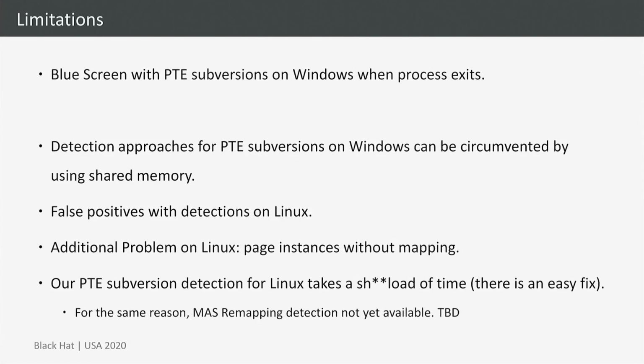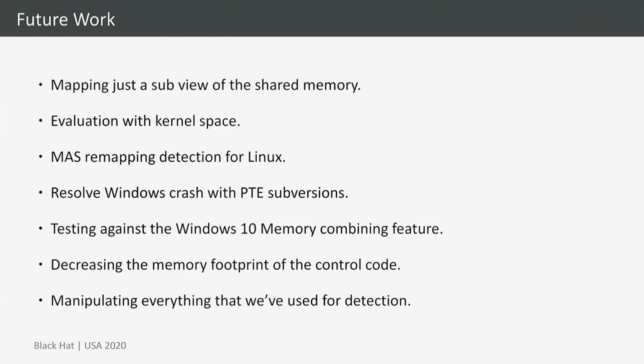The main reason is that we have not yet implemented the MES remapping detection, because the same approach for that is also used to speed up the PTE subversion detection. So as soon as we have implemented that, also the PTE subversion detection should be faster, but at the moment it's quite slow.